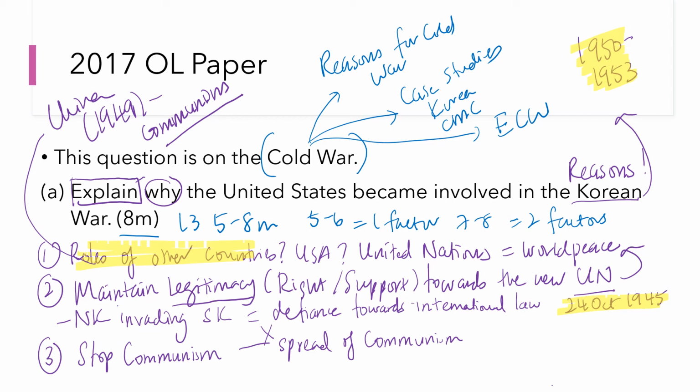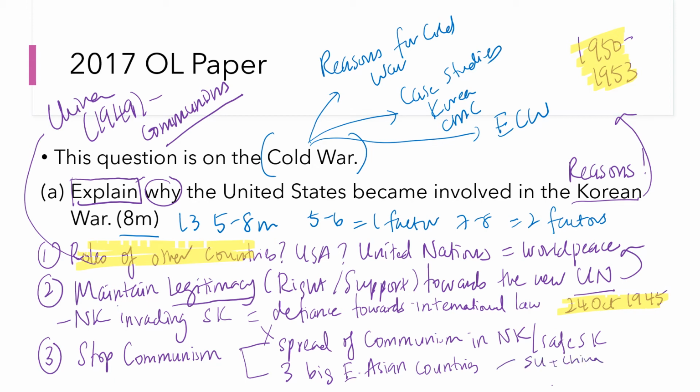So they needed to stop the spread of communism in North Korea, and also to save South Korea, because if not, then the communism would spread, and literally one of the three big East Asian countries could come together, which is Soviet Union plus China. I consider Soviet Union as part of East Asia as well, right?